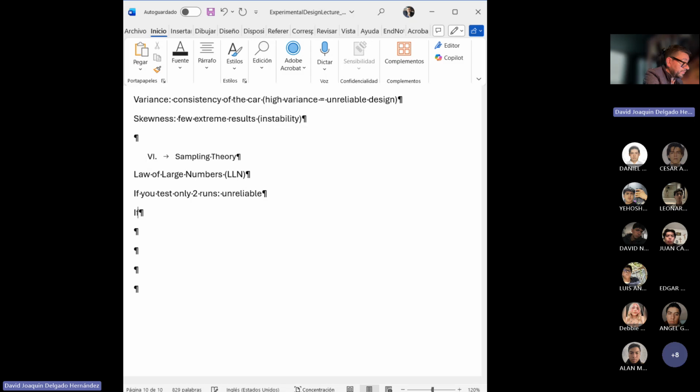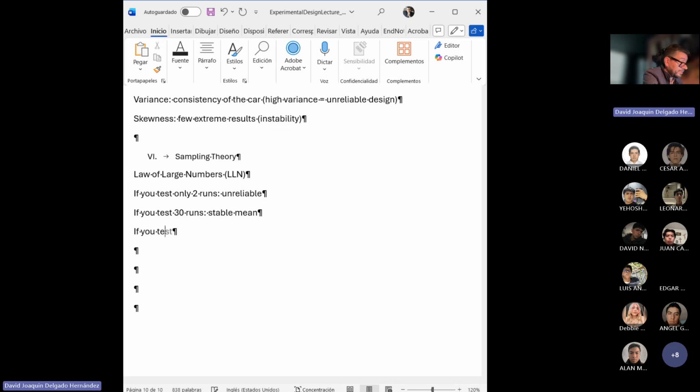But what happens if you test 30 runs? You can get a stable mean.